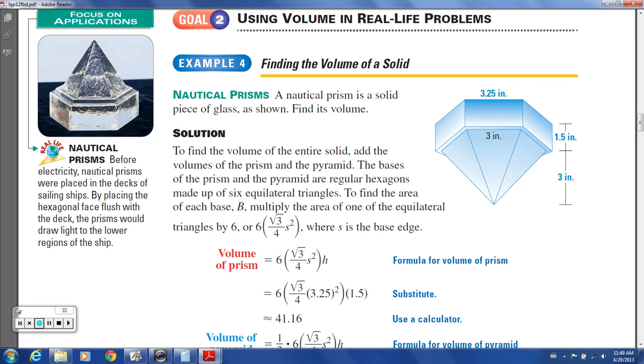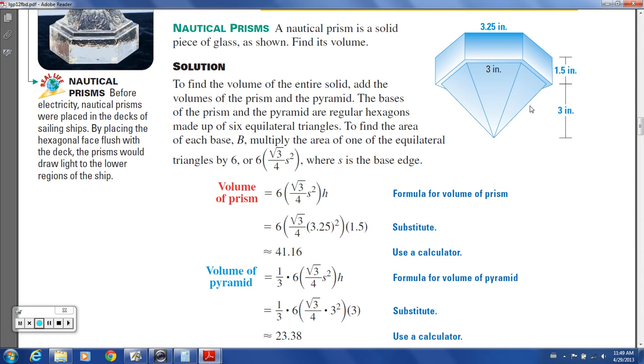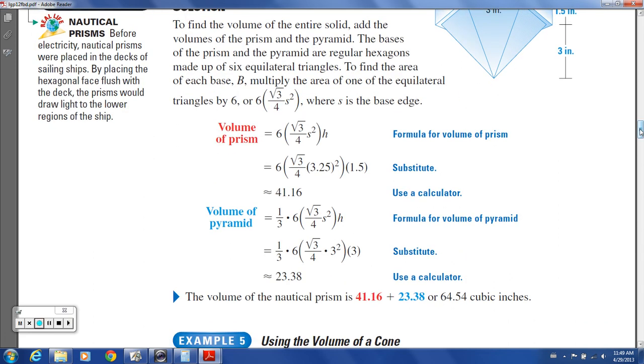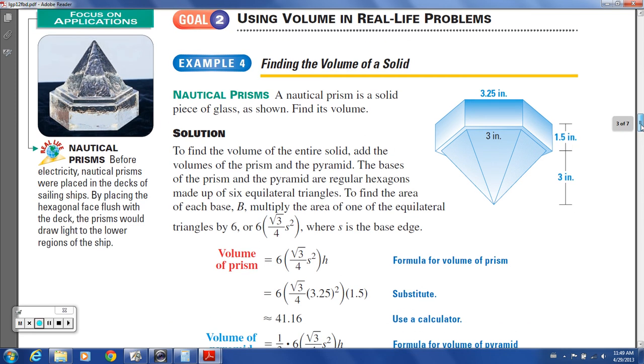So pretty cool that even if the bottom didn't have windows, you could use these nautical prisms. It would spread the light out from the top floor, and as long as you had something like that, you would have light in some of the bottom floors, some of the floors that you couldn't have windows in because it would be right against the water, and there might be chances of leaking and whatnot.